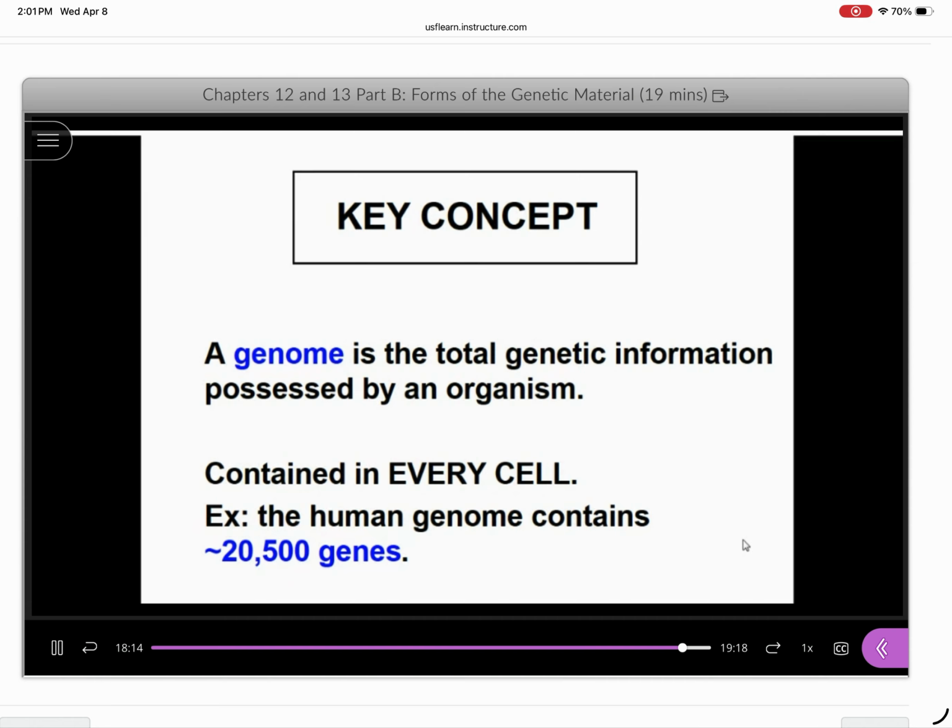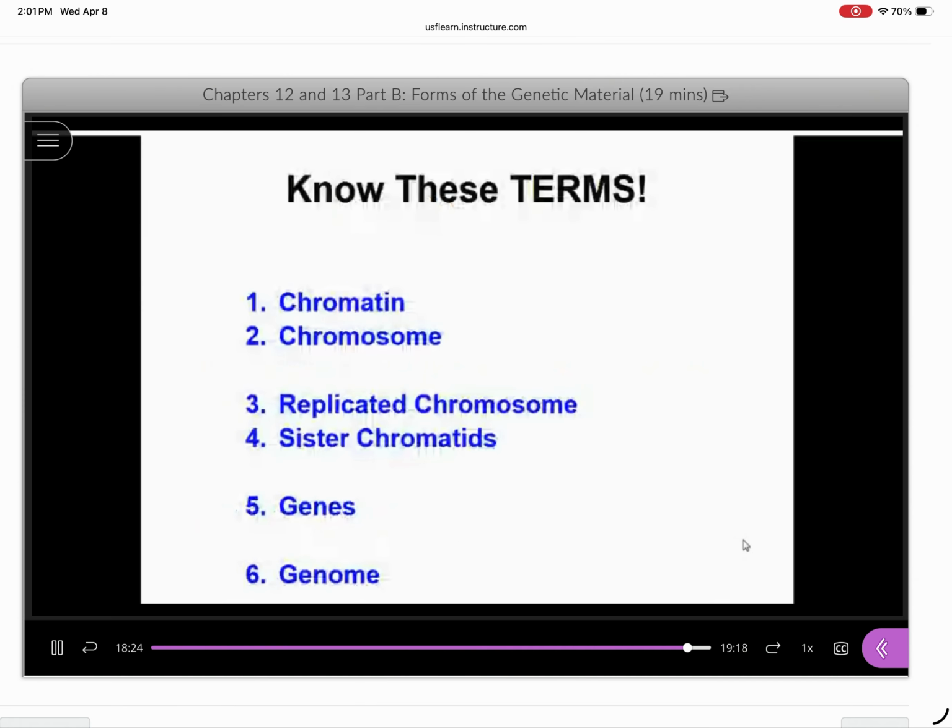The total genetic information for humans, to make a human, to run a human, 20,000 genes. So these terms, they all are related, but they have different meanings. So please, know how they relate, but know how they are different.